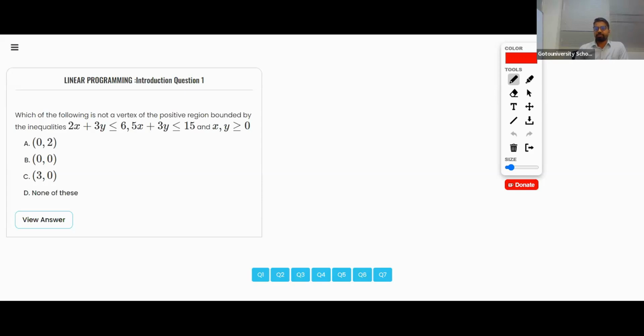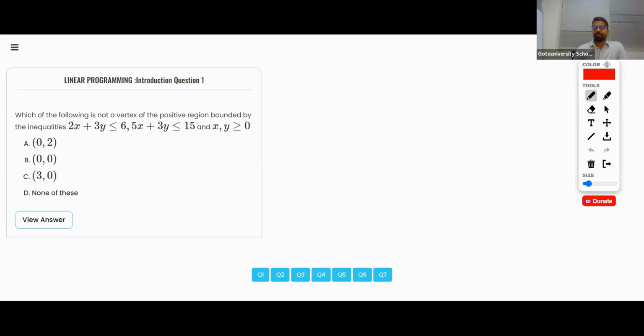Okay, first, before solving any of these, let us keep our basics clear. I'll bring back the example which I took previously. One of the conditions was 5x plus y less than or equal to 100.